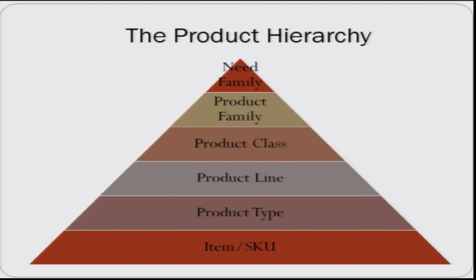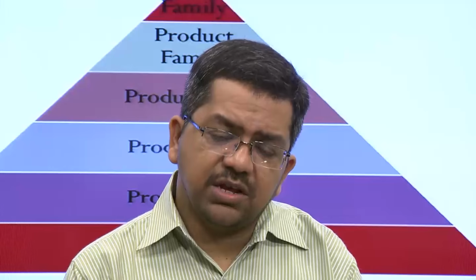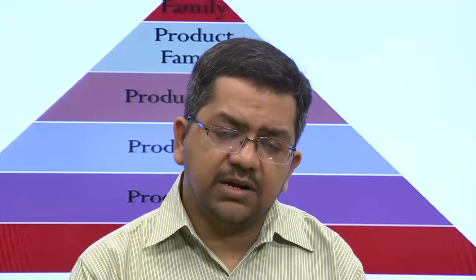Generally there is a need family, a basic core need that is fulfilled by a set of product families. For example, one of the core needs of humans is security, so this financial security is fulfilled through either savings or regular income. These are the different product families.